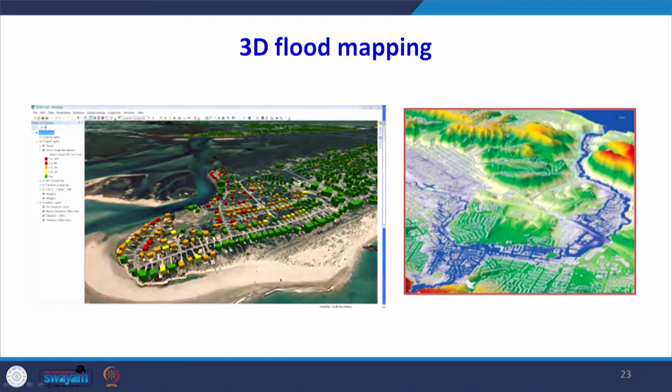You can see in the slide here that when the flood is taking place, in all that low lying area, all the buildings are submerged, but the areas with the higher elevation are safe areas. So one can identify which are the safer areas, and also how much area is damaged under the flood water, which are those buildings, and how to relocate the people.